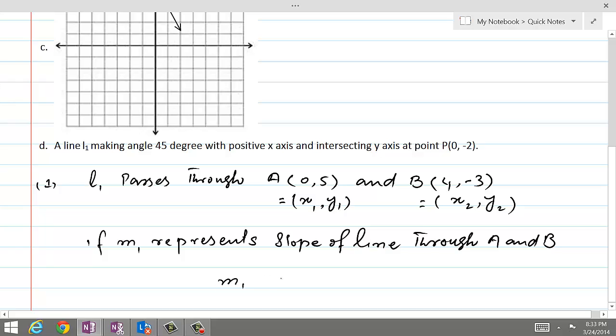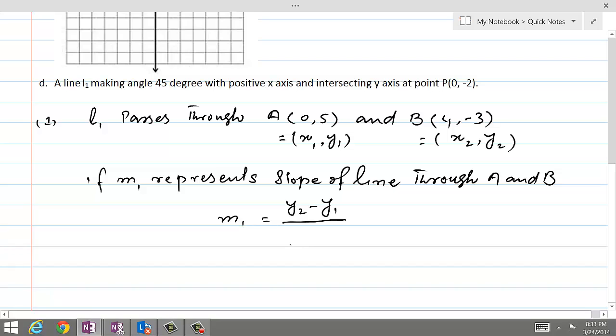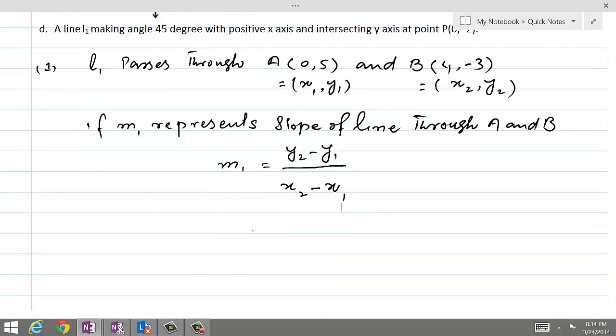M1 would be equal to y2 minus y1 over x2 minus x1. So this is going to give us the value for M1.